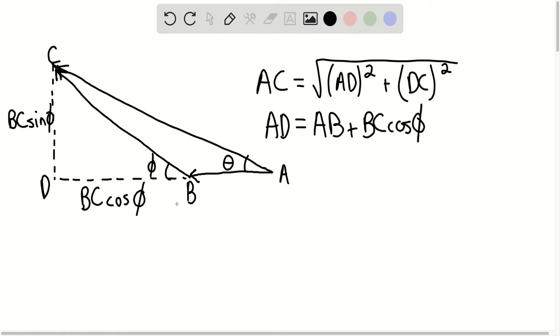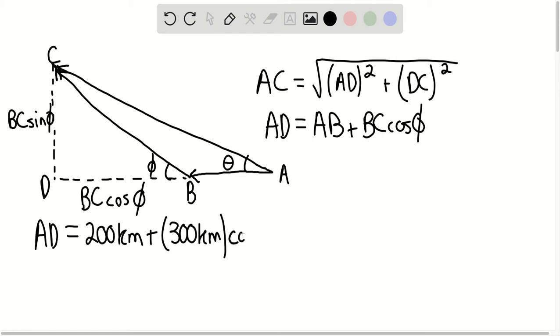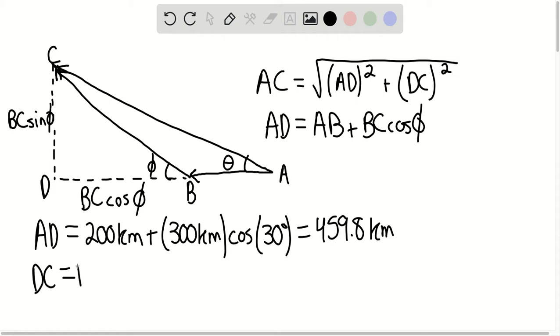So we can say that AD is going to equal 200 kilometers plus 300 kilometers multiplied by cosine of 30 degrees, or angle phi. And so this is giving us 459.8 kilometers.